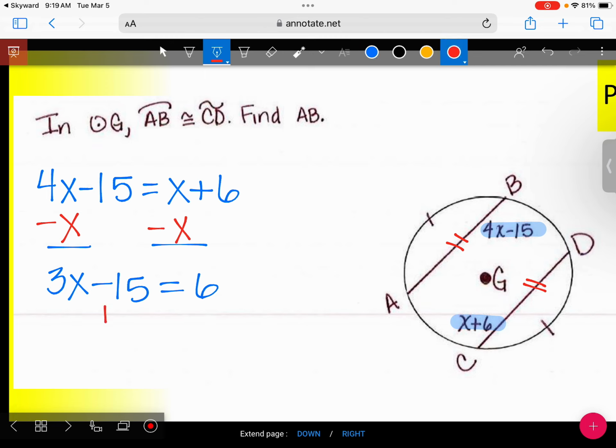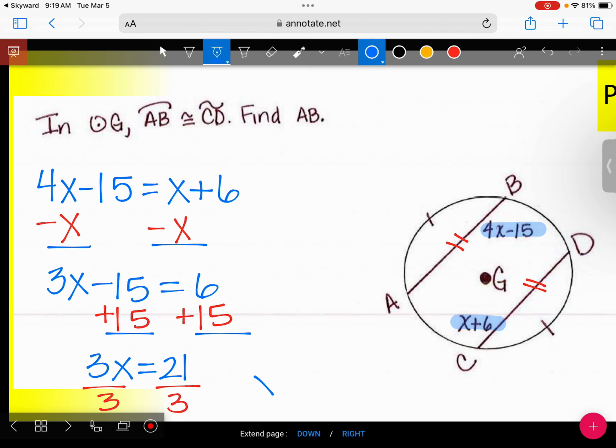Adding 15. Yeah, good. And then lastly, you're going to divide by 3. So what do you get for x? What is 21 divided by 3? 7, good. But it's asking, oh, let me not circle that because that's not my final answer.